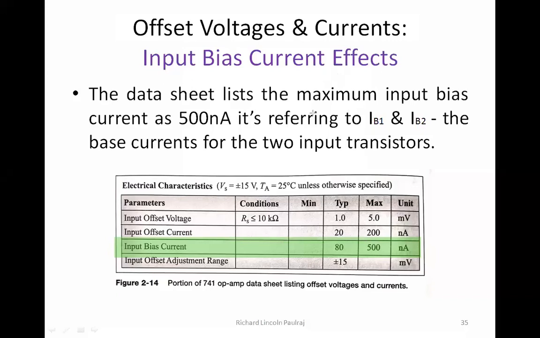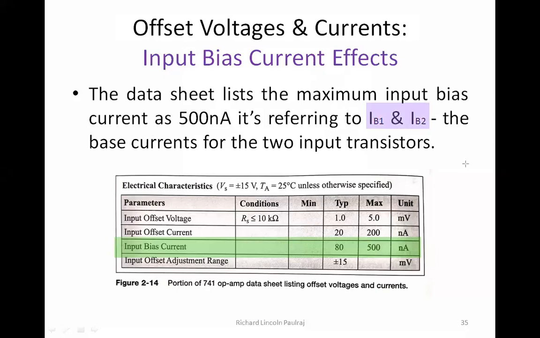So due to these currents, what can happen is, due to these bias currents, there can be a drop across these resistors. The data sheet lists the maximum input bias current as 500 nanoamps. It's referring to IB1 and IB2. Now, what is this IB1 and IB2? It is referring to the base currents of both the transistors.